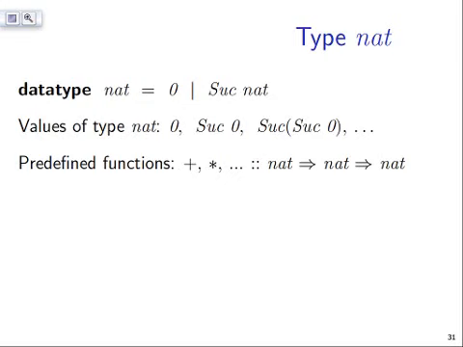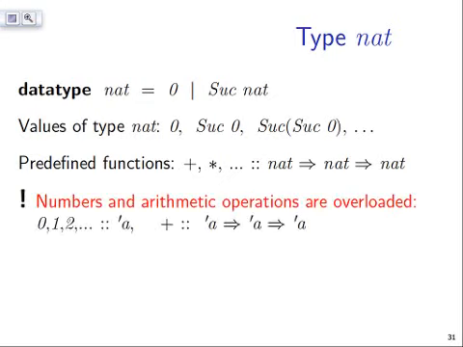Then there are a number of predefined functions like addition, multiplication, and so on, and they are binary functions of type nat to nat to nat. As I already indicated, numbers and arithmetic operations are overloaded, so even if you write 0, it could be 0 of many different types, so it'll just get an arbitrary type A. Similarly for plus, it has, in fact, not this fixed type, but plus is overloaded and has this generic type.